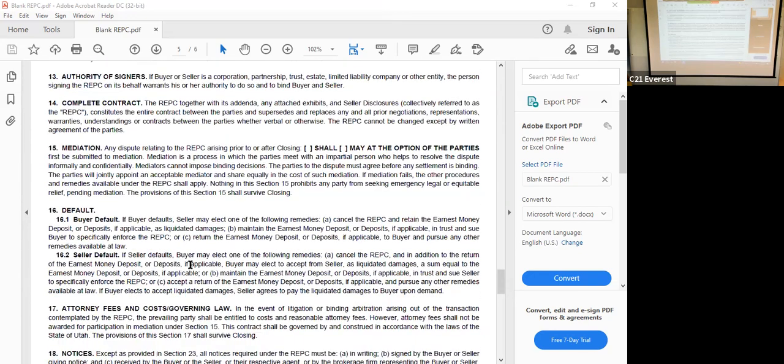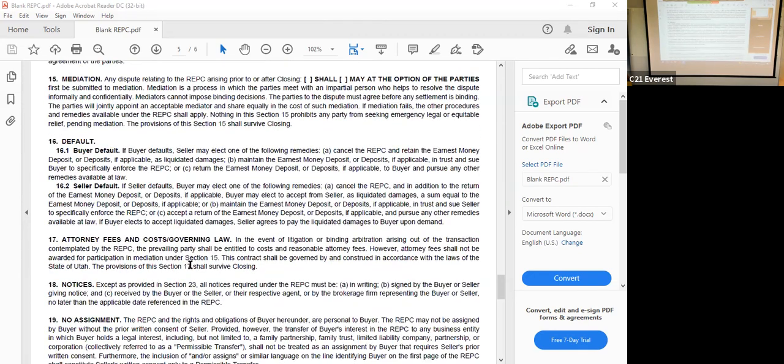Okay, section 16, default. That's what I talked about, the default remedy. For both the default for the buyer and the seller, the remedies are the same. They're just in reverse order. So we talked about the example where the buyer failed to deposit earnest money in time. Well, the buyer technically is in default. So if buyer's in default, the seller may elect one of the following.